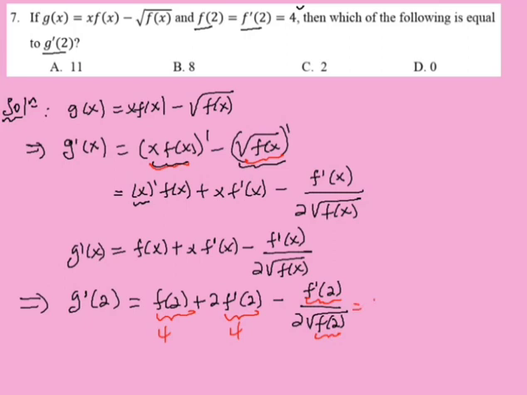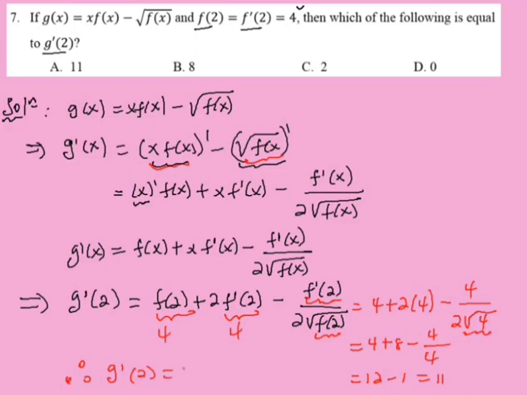So the result is 4 plus 2 times 4 minus 4 over 2 times radical 4. So this becomes 4 plus 8 minus 4 over 2 times 2, which is 4. So this becomes 12 minus 1, or 11. Therefore, g derivative at 2 will be 11. So our answer will be A.